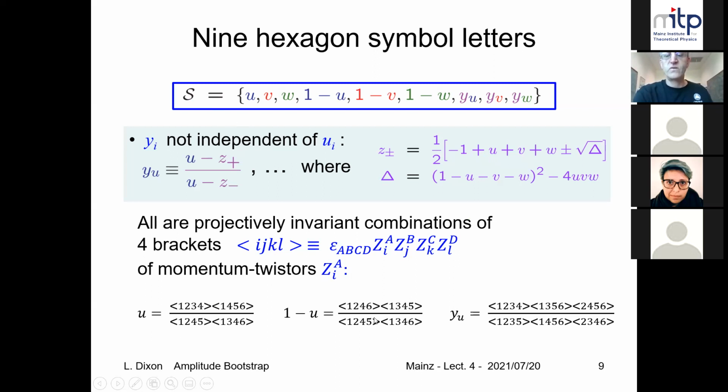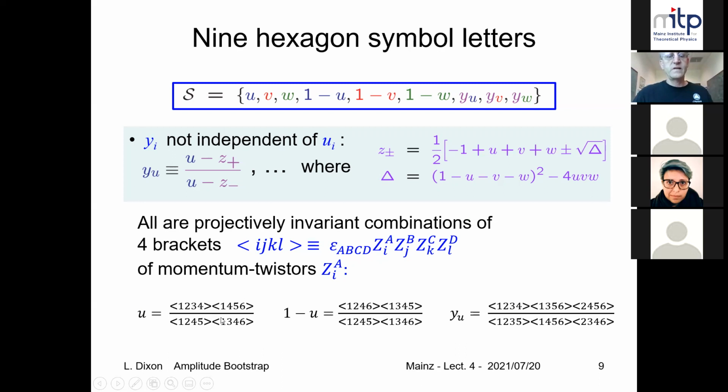I've only shown you 3 of them because the others can be obtained by cycling the indices. When you cycle I to I plus 1, you get the formula for V. When you cycle I to I plus 1 here, you get the formula for 1 minus V. When you cycle I to I plus 1 here, you get the formula for 1 over YV, because these are what we call parity odd, and they have the full Z6 behavior of the hexagon.